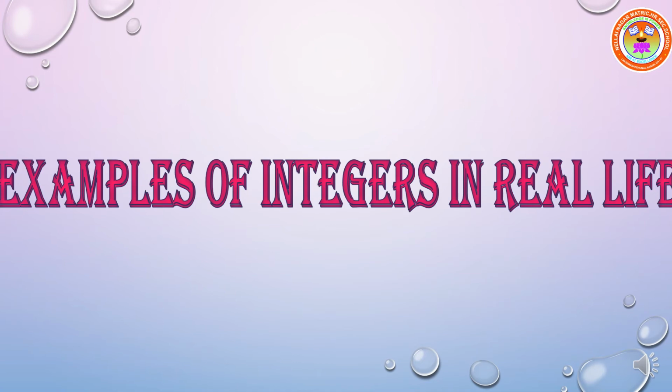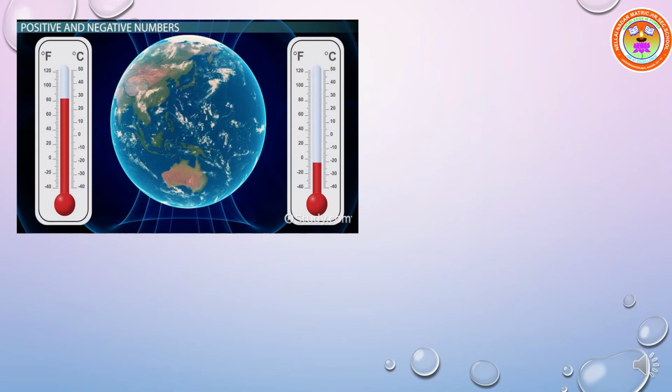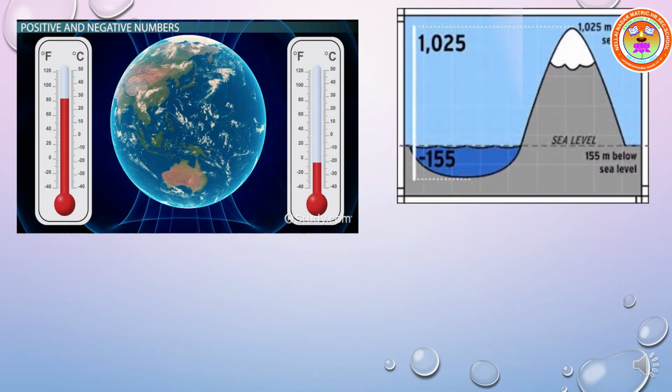Now, let us look at some of the examples of integers in real life. So here, integers are used to represent the positive and negative temperatures that the earth faces. Next example is for the sea level.